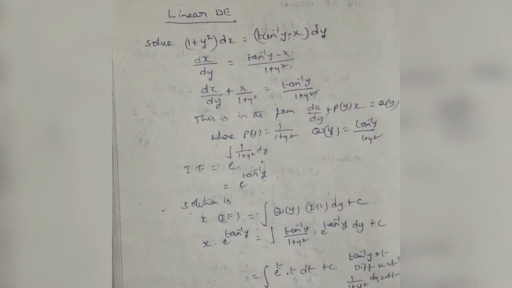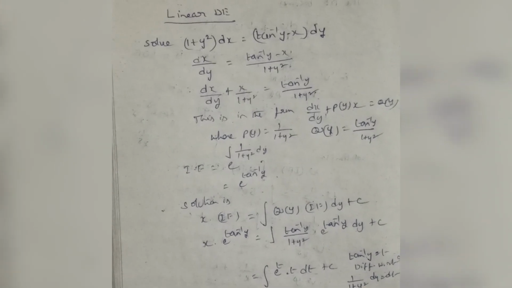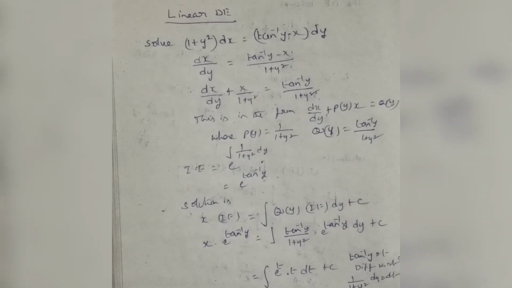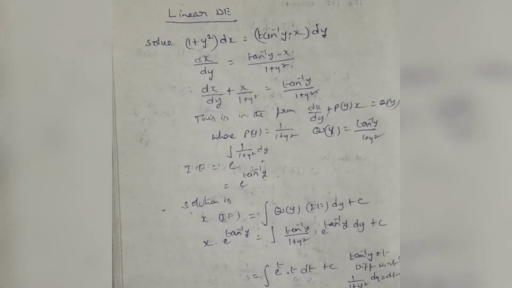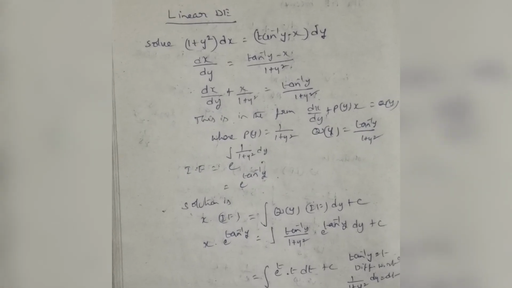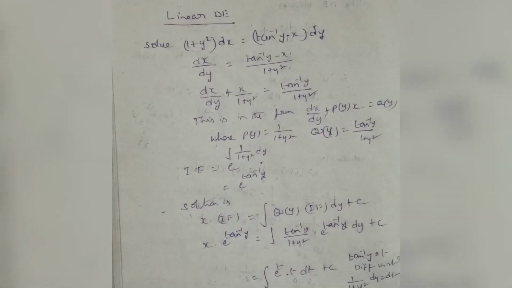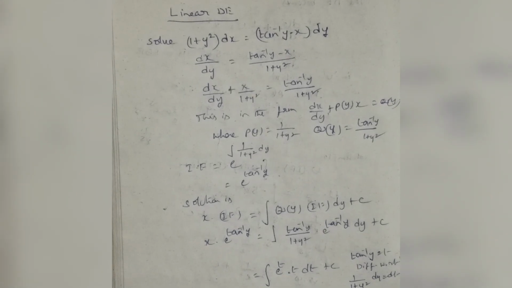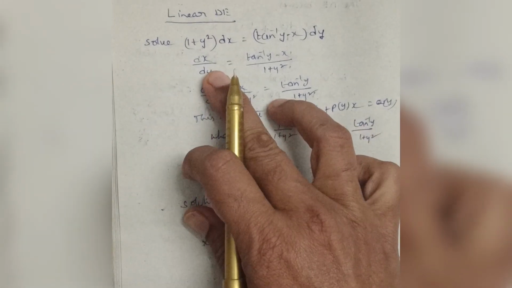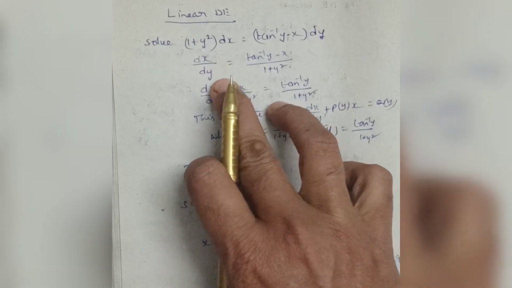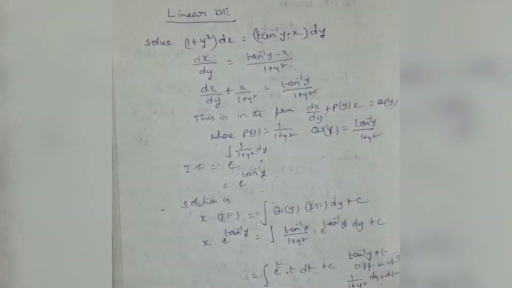Again resubstitute t with tan inverse y, then the solution becomes x into e power tan inverse y equal to e power tan inverse y of tan inverse y minus 1 plus c is the solution. So this is a very important problem in terms of solution x in terms of y. So this is a linear DE solution.